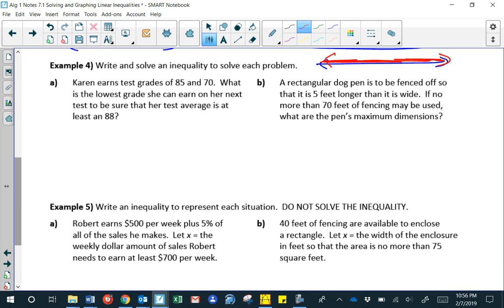Karen earns 2 test grades of 85 and 70. What is the lowest grade she can earn on the next test to ensure that her average is at least an 88?